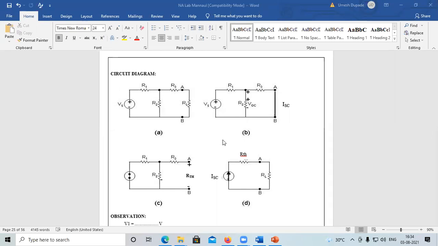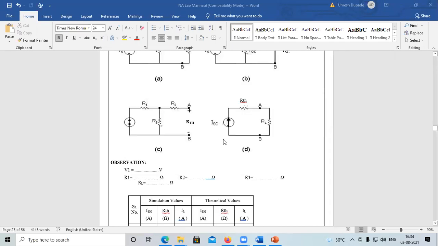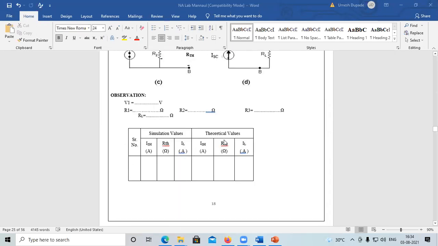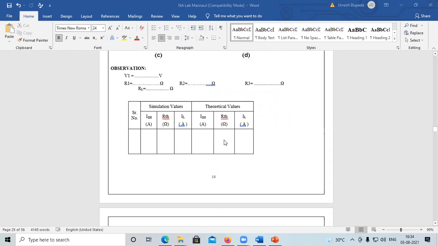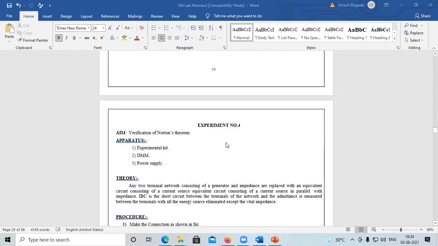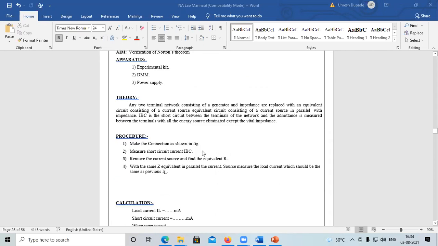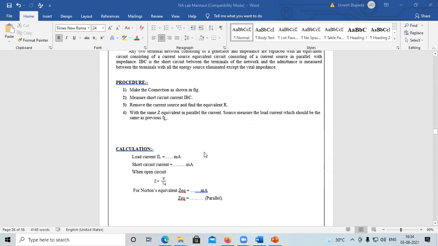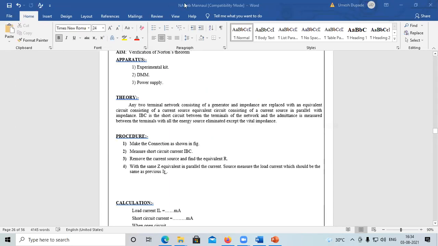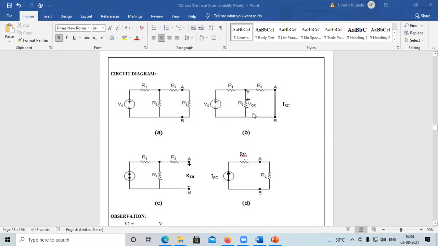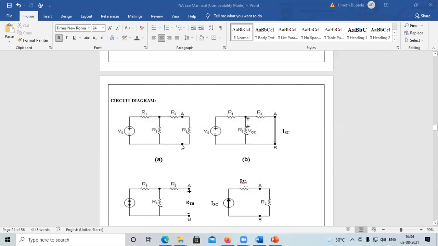Okay, and for this, hello, काय doubt आहे का? Hello. No doubt, no? Okay. Now see, just represent the value of current.